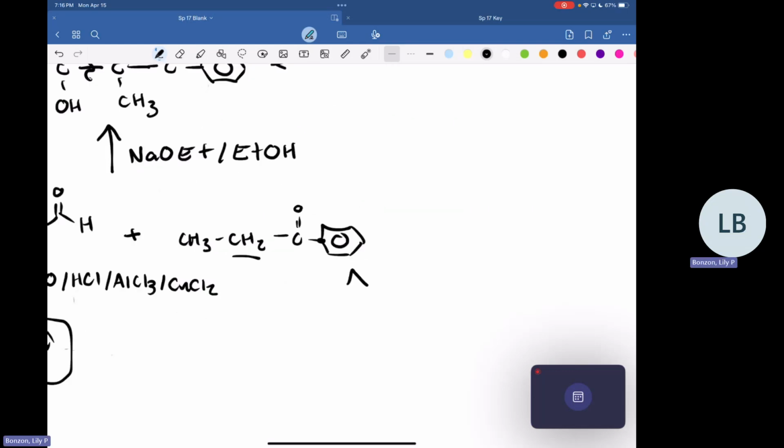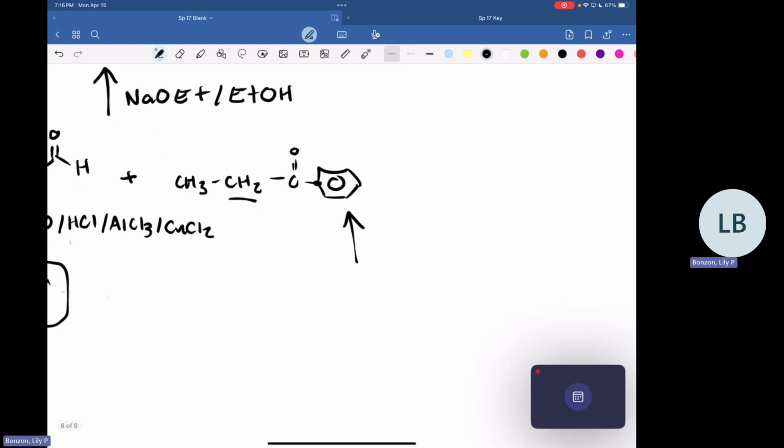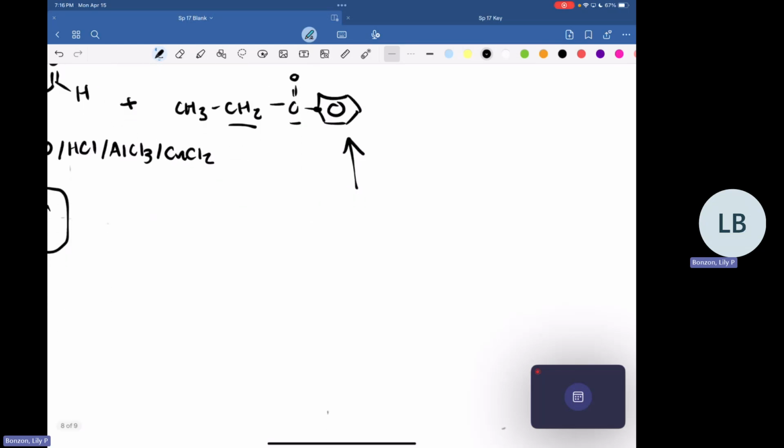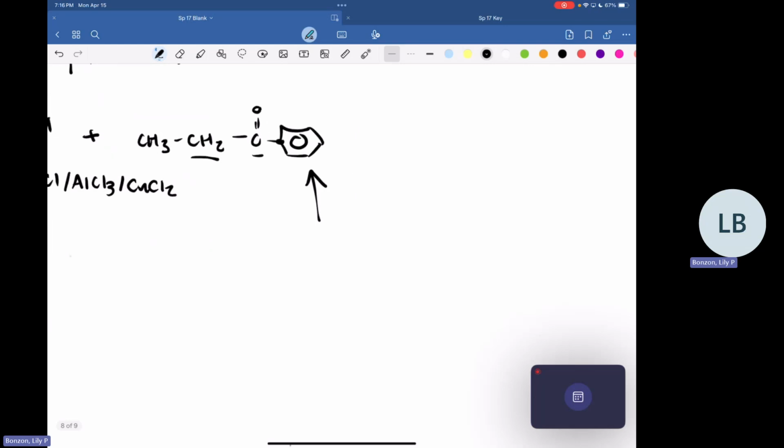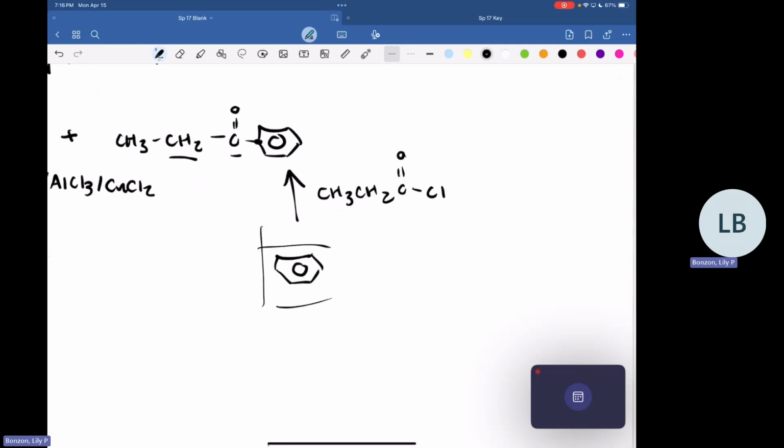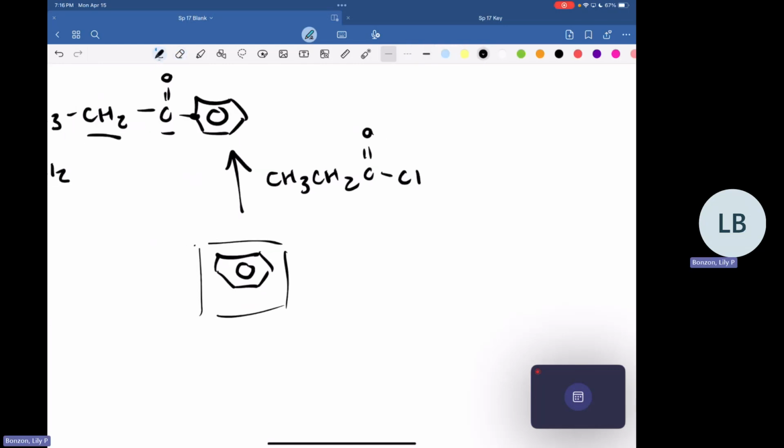Over here on the right, we have this carbonyl carbon, and then we've got the alkyl group on the left and the benzene. This one is also going to be an exam 2 reaction. This one's going to be our Friedel-Crafts acylation. So we're just going to have our acyl chloride, and that attacks the benzene and gets added on. So we're good there. We're not done yet though. We do have to actually work this acyl chloride back because it is technically an organic product.